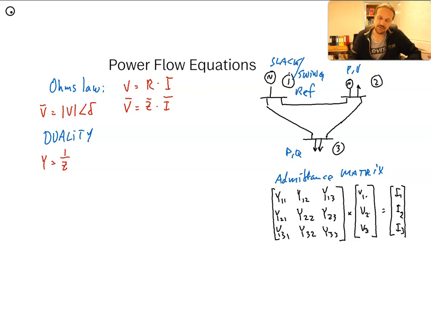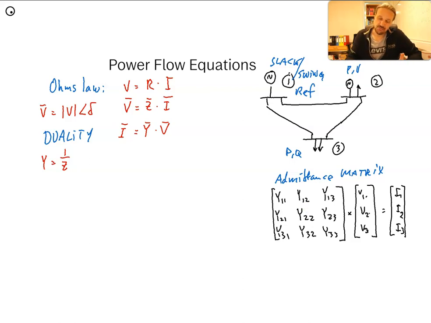That means I can look at this from the perspective of the current, because that's the duality principle that we apply here. So this complex current is nothing but the complex admittance times the complex voltage. That means these admittances have some conductance, and they also have some susceptances, right? So that's the G and the jB notation there for your admittance matrix.